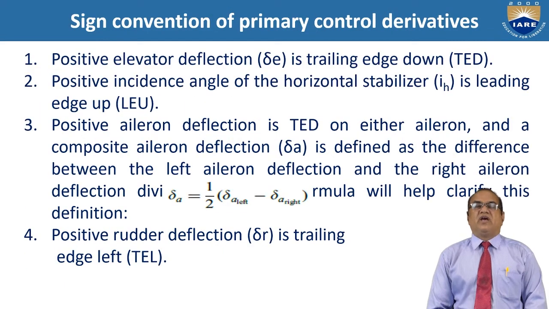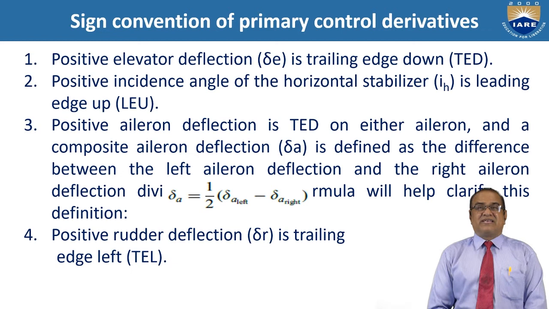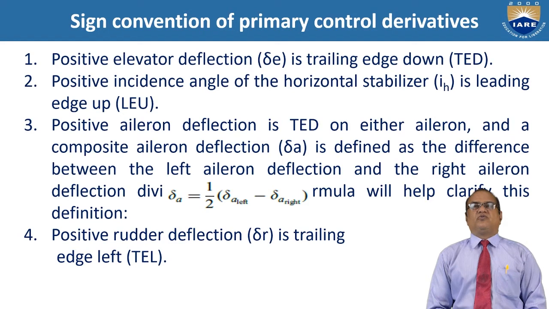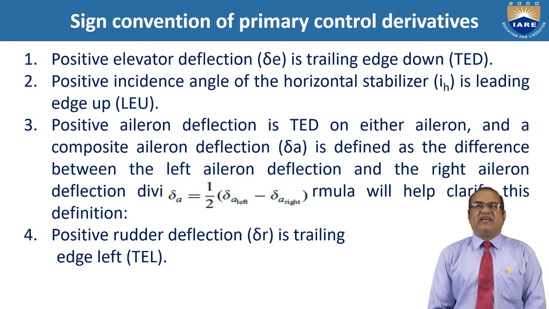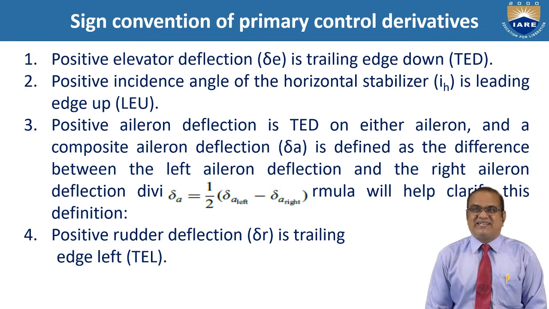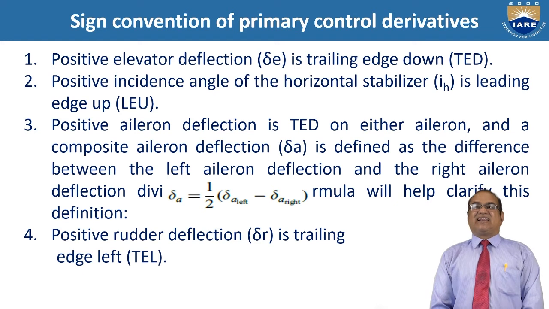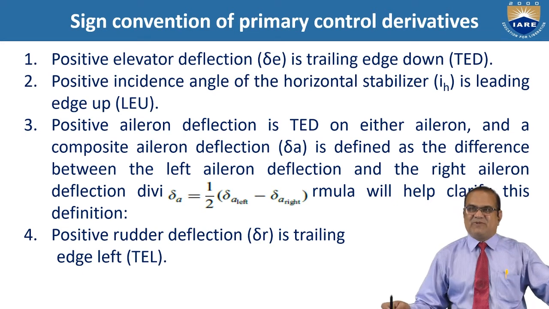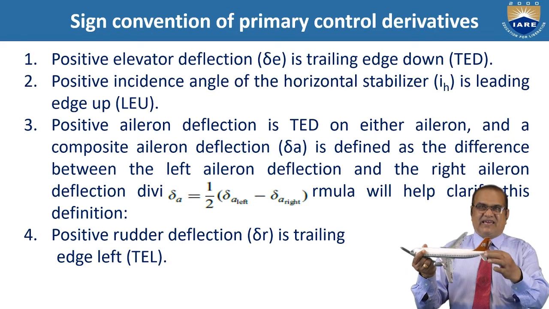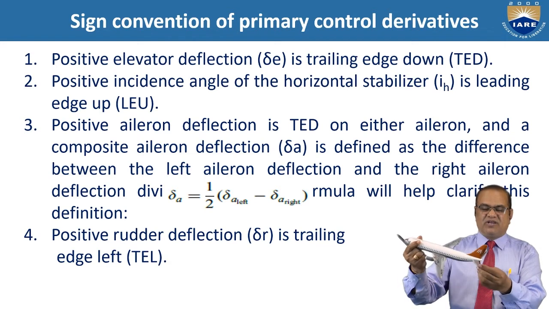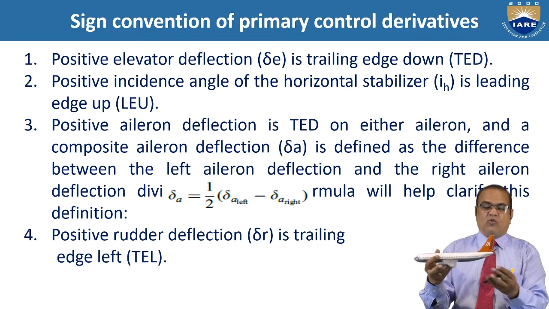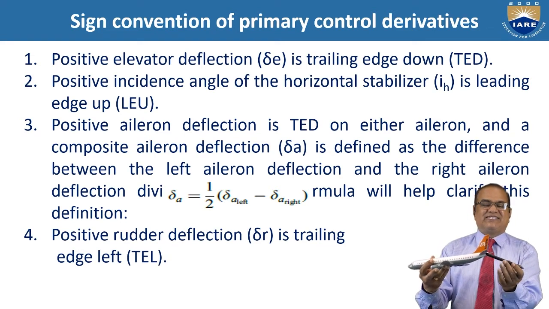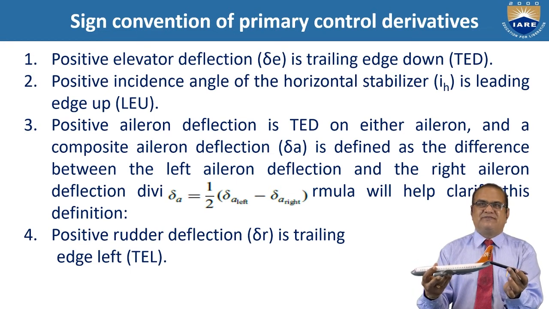Okay, so now we have to see the sign convention of the primary control derivatives. So how we have to see which one is positive and which one is negative. We can see that the positive elevator deflection delta E is trailing edge down. I will explain on this aircraft. Here is the elevator, you can see in black color. If the elevator is going down like this, then it is a positive elevator.